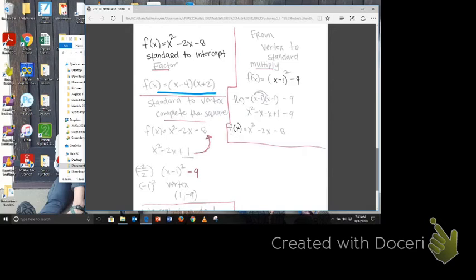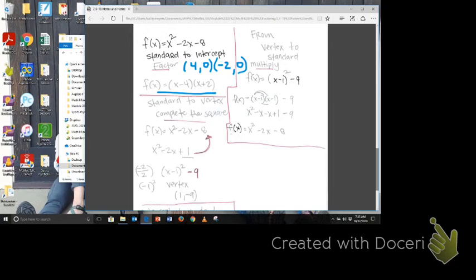And then to get the x-intercepts, you set those factors equal to 0. So you would get 4, 0, and -2, 0 for your x-intercepts after you set those factors equal to 0.